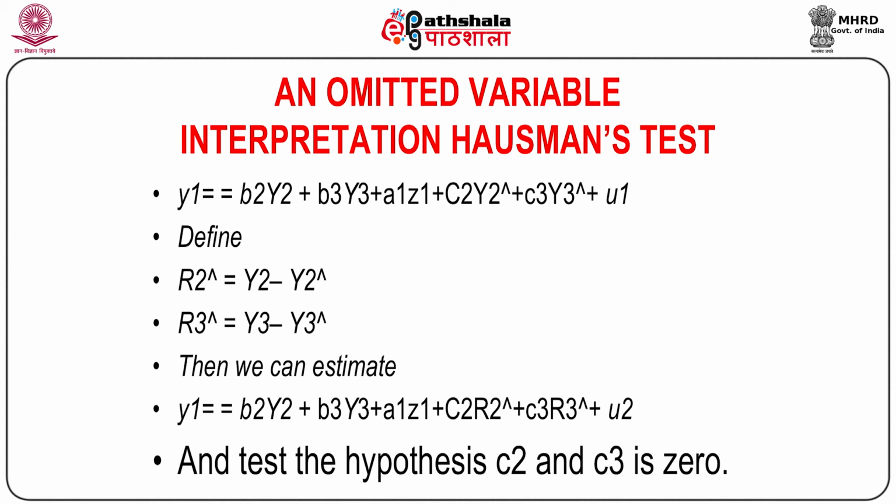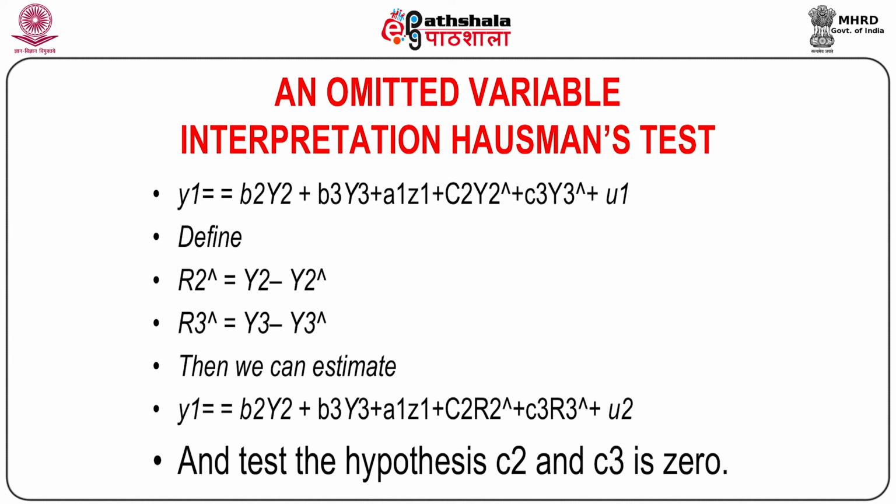Now let us define r2 hat equal to the difference between y2 and y2 hat, that is, r2 hat shows the estimated residual for the variable y2. Similarly, r3 hat is defined as y3 minus y3 hat, where r3 hat shows the difference between the actual value and the estimated value for the explanatory variable y3.